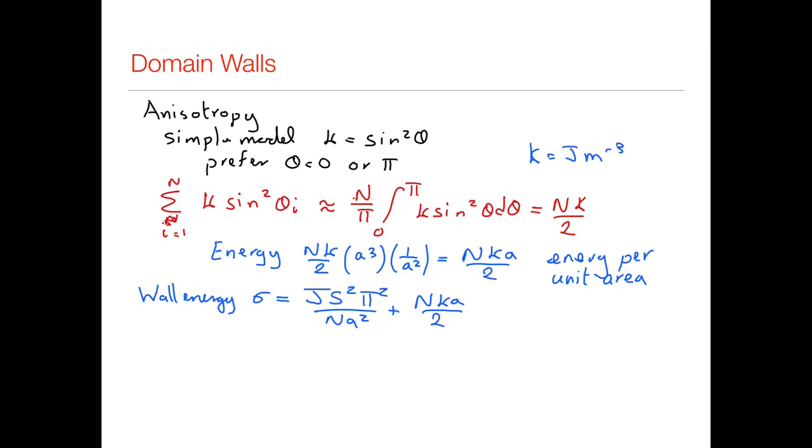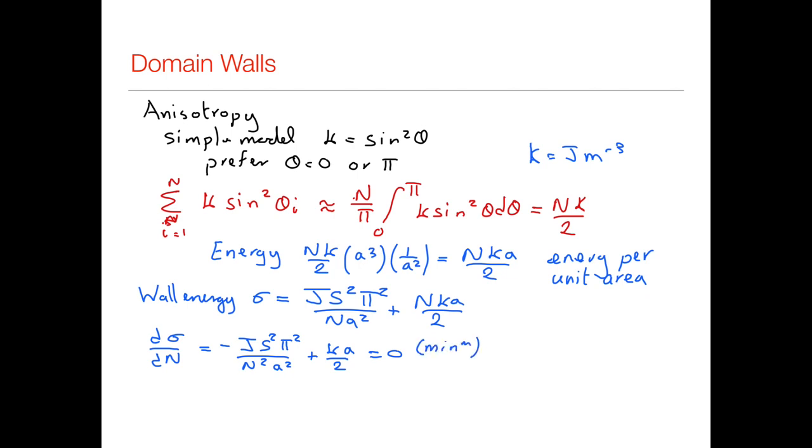The wall energy decreases as I increase n, but the anisotropy contribution increases as I increase n. So what I need to look for is a minimum in the energy. So I need d sigma by dn, and that's going to give me minus J S squared pi squared over n squared a squared plus Ka over 2, and set that equal to 0 for a minimum.